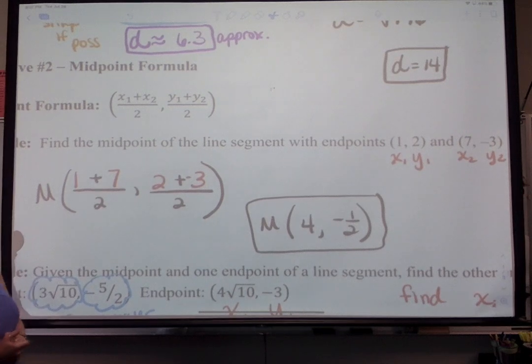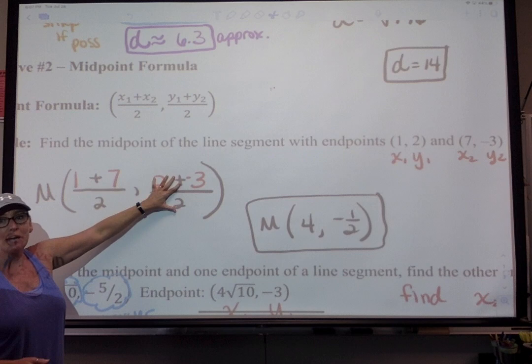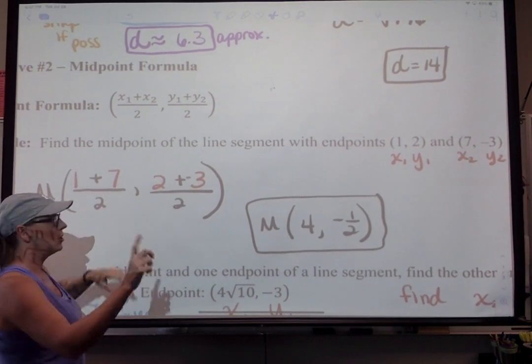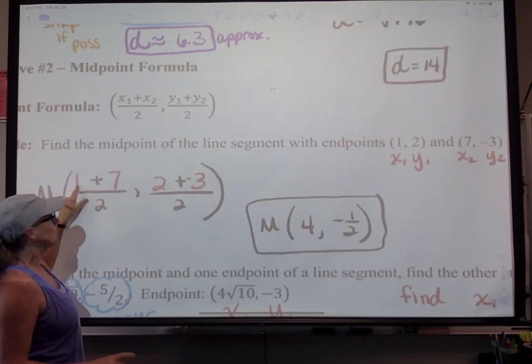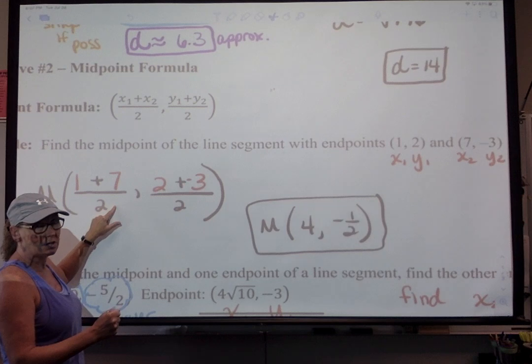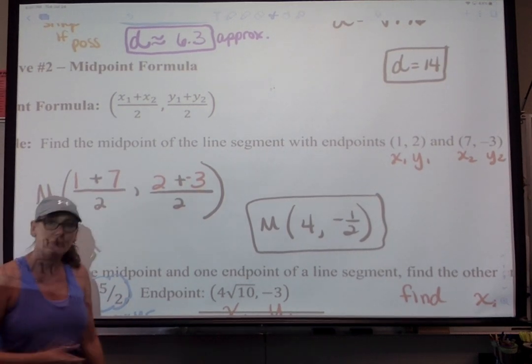Warning. If you're doing these, and if you get numbers that aren't quite this easy, and you use your calculator, let me warn you, if you do 1 plus 7 divided by 2, your calculator is going to do the 7 divided by 2 because it knows its order of operations.